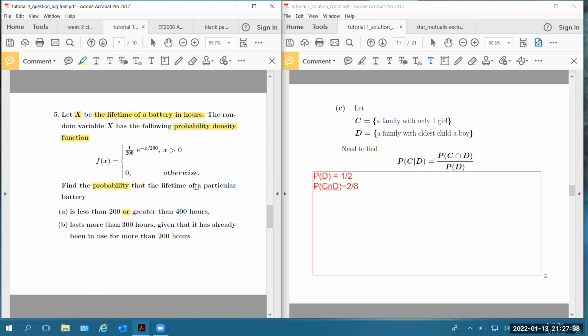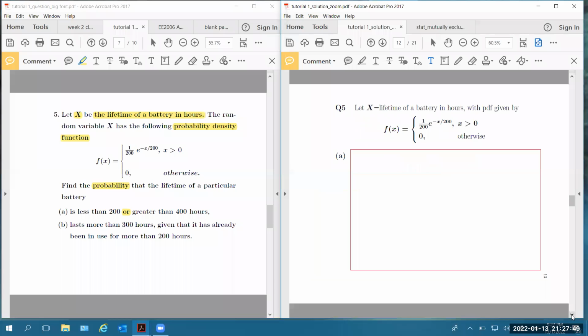Find the probability that X, lifetime of a particular battery, is less than 200 or greater than 400 hours. Okay, so let's go and do this. All right, so this is our X, lifetime of battery in hours. This is a probability density function. The short form is called PDF, right? Probability density function. Okay, so let's go and do part A.